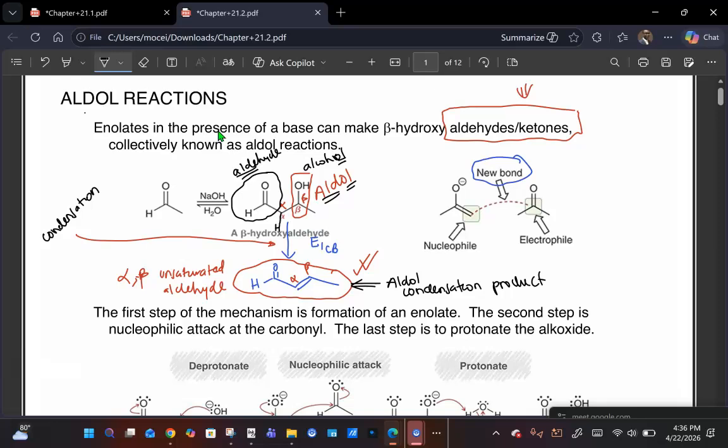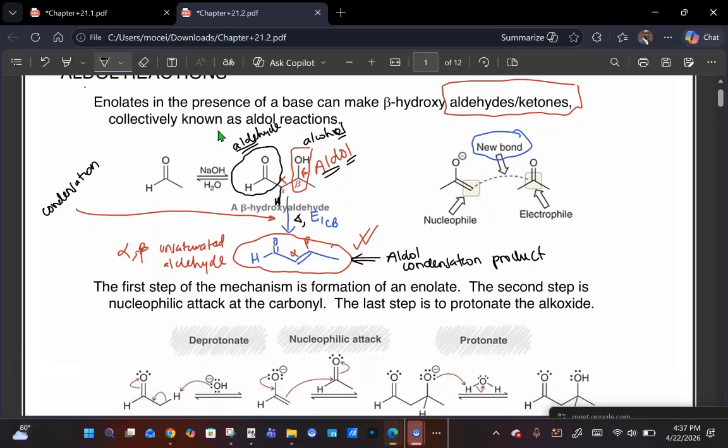So I usually tell my students in the test, if I don't put heat, stop at the aldol, the beta hydroxy. If I put heat, you're going all the way to the condensation. It does need heat, but like I mentioned, we'll check to make sure that it's stated. If not, then I'll tell you always assume you're going all the way.